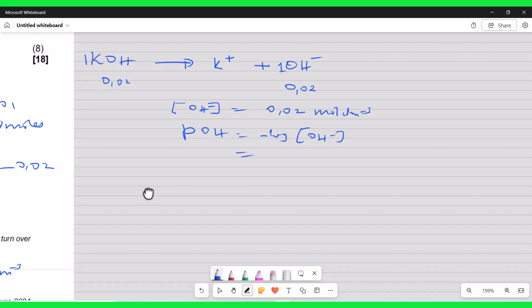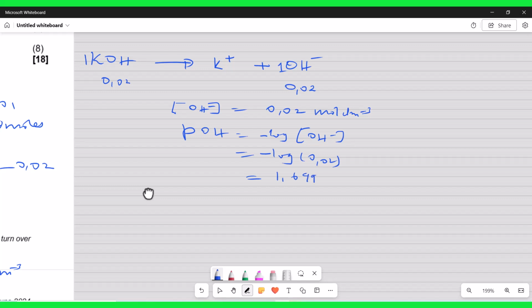So if I say negative log of 0,02, what does it give me? Negative log of 0,02 gives me 1,699.